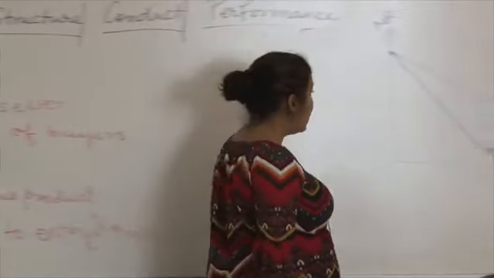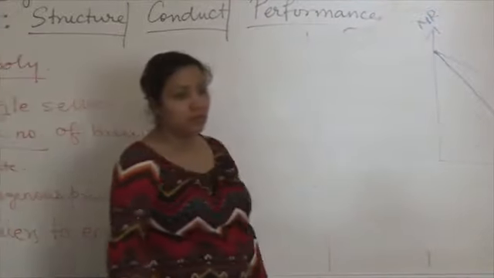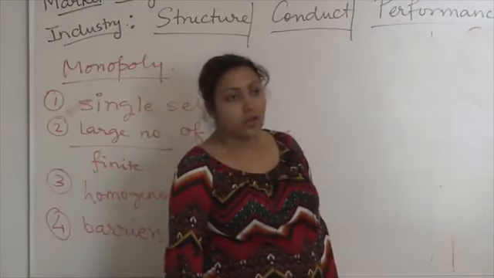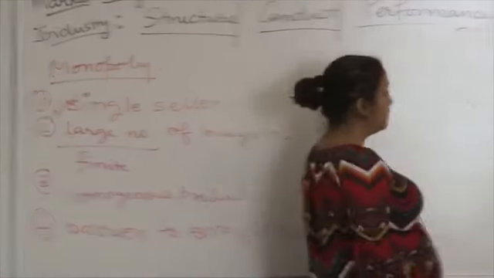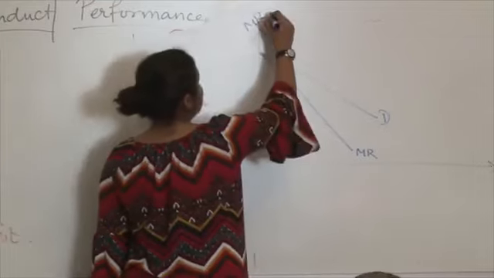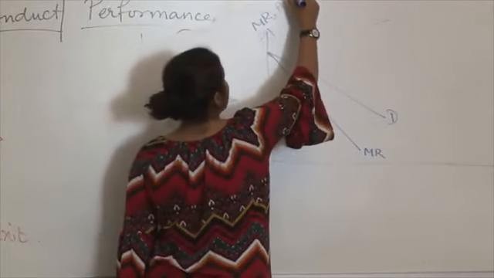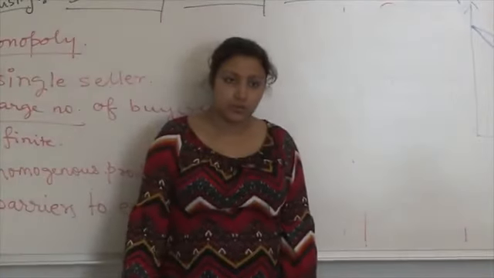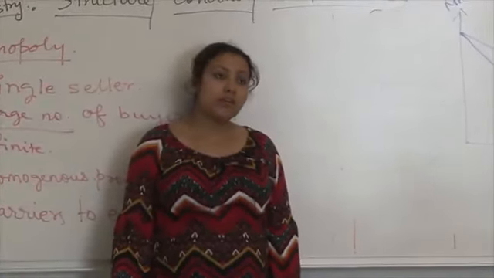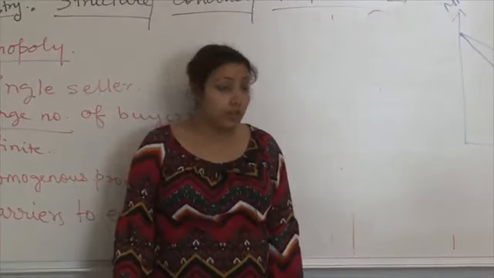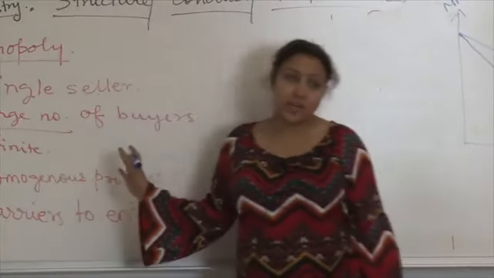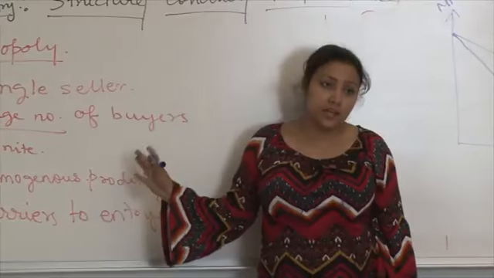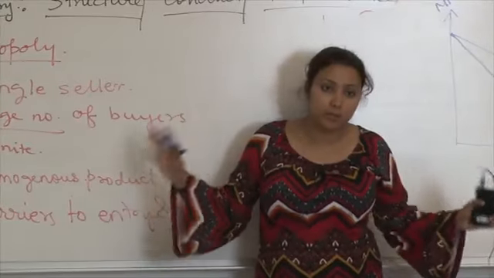Okay. Now, in this market let us say I am also measuring my ATC and my MC here. I am bringing in the cost into this market because obviously every seller has a cost of production. Now, once again, just like perfect competition, this guy is not a price taker, right? He is the single seller, so he has complete market power.